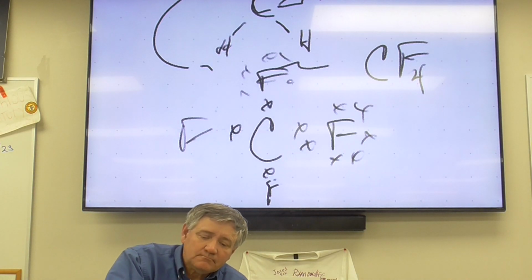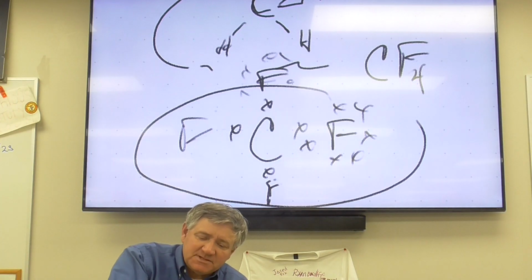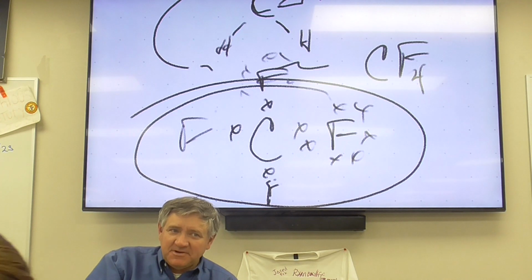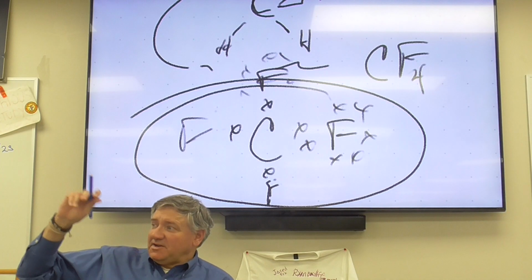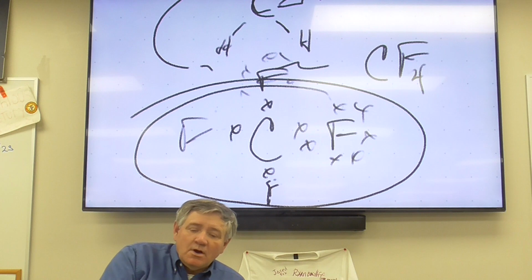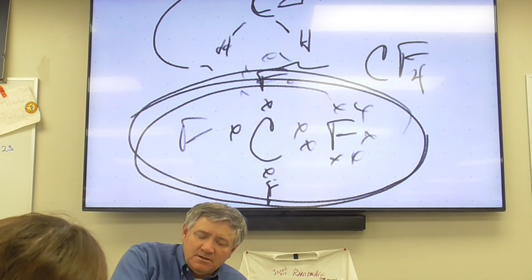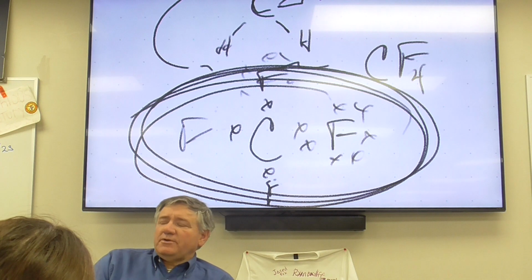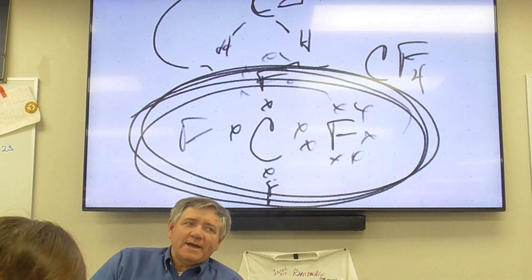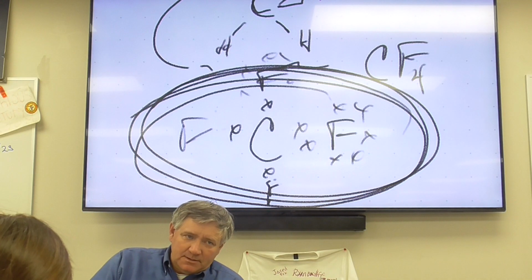Now, what type of hybridization is carbon going to undergo? SP3, because you need single unbound electrons. Is CF4 going to form any pi bonds? No. Why can it not form a pi bond?